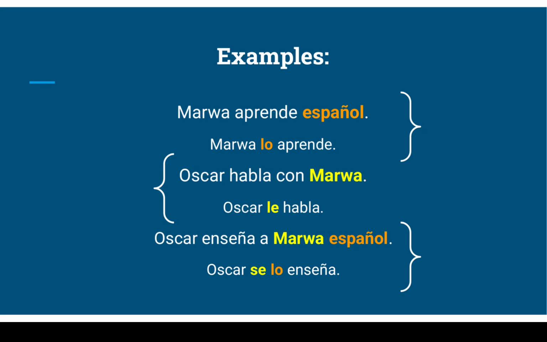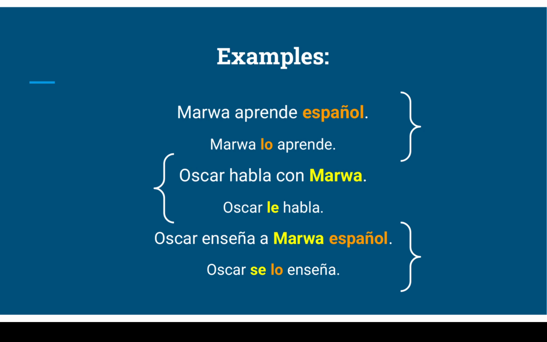Finally, we have the double object. Oscar enseña a Marwa español. Oscar teaches Marwa Spanish, or Oscar teaches Spanish to Marwa. So in this case, we have to use double objects using the rule that we saw before. So we have to use lo and le. But as you can see at the end, it says, Oscar se lo enseña.